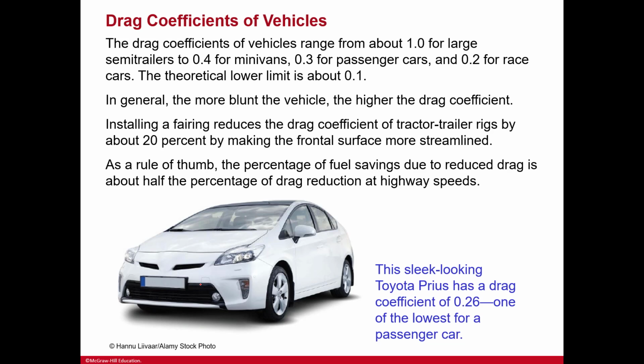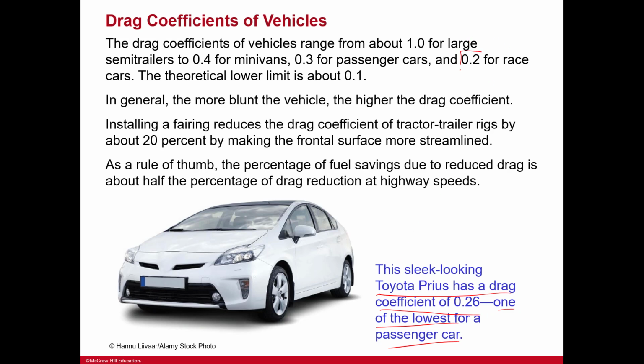Installing a fairing reduces the drag coefficient of tractor-trailer rigs by about 20% by making the frontal surface more streamlined. As a rule of thumb, the percentage of fuel savings due to reduced drag is about half the percent of drag reduction at highway speeds. So it's huge. And then here you see that the Toyota Prius has a drag coefficient of 0.26, one of the lowest for a passenger car, right?